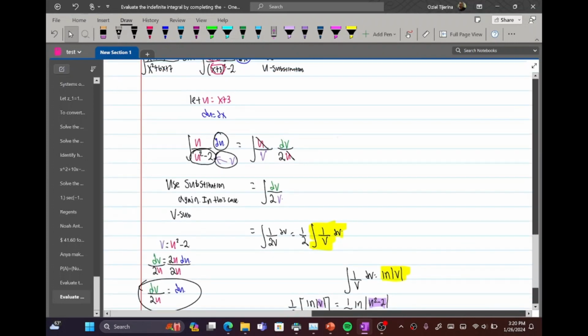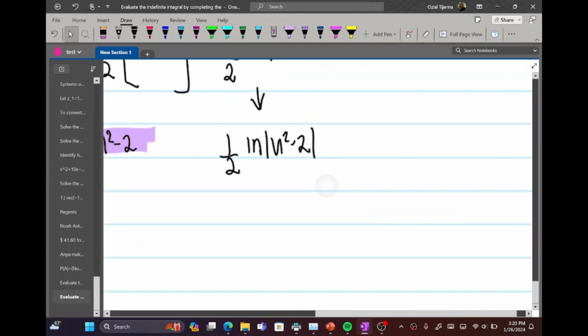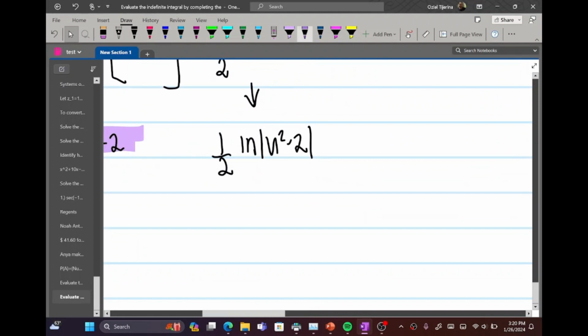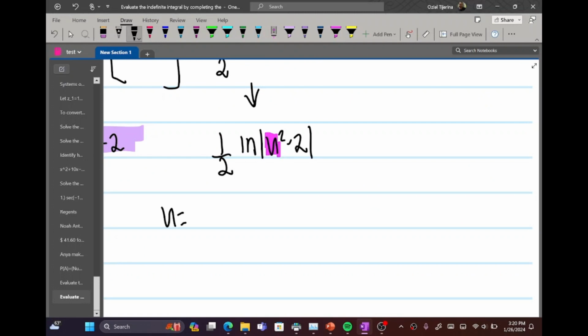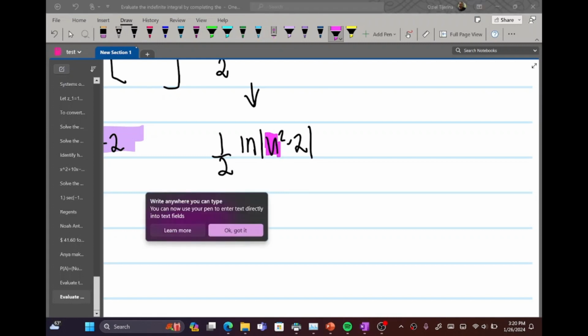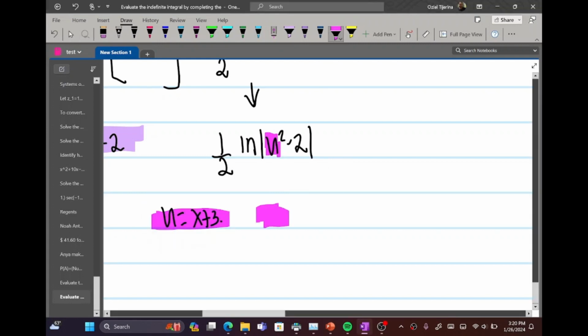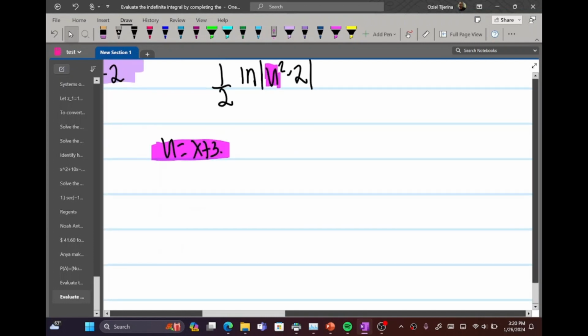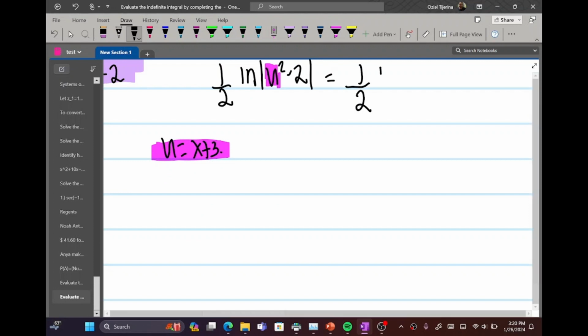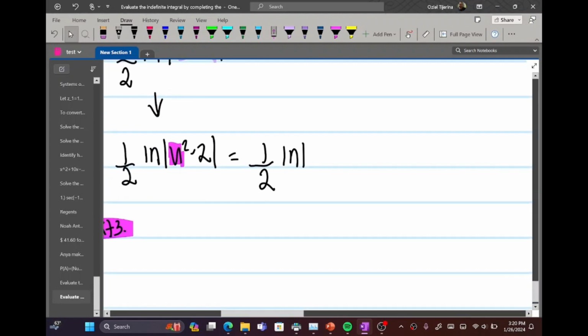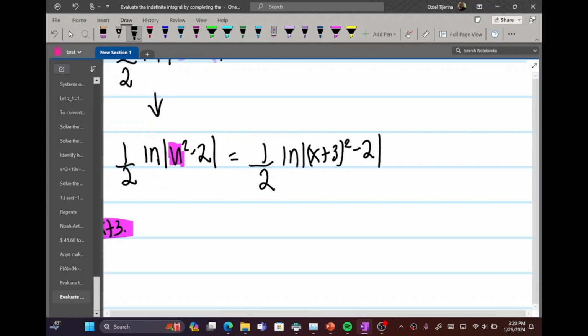U was x plus 3, so I want to remind you guys, u is x plus 3, and then finally, we're just going to put that this is equal to 1/2 natural log of the absolute value of x plus 3 squared minus 2 plus my constant of integration c.